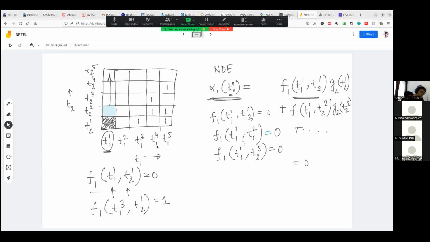So now, what about alpha 1, T12? Okay. So we are now focusing on the second entry. If you do the same exercise, see that everywhere player 1 does not get the object. So what will be the value of it?